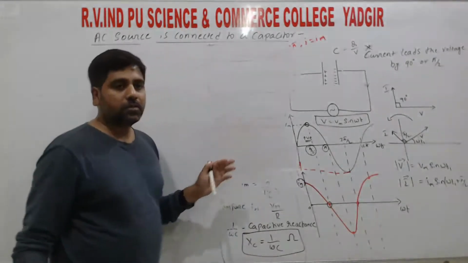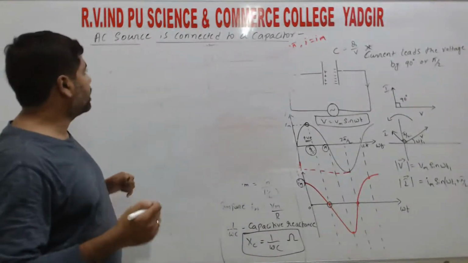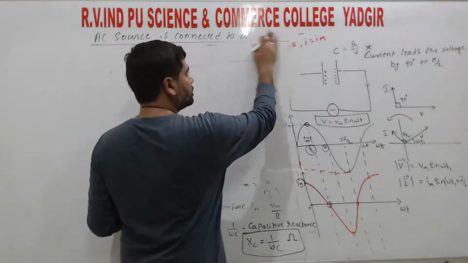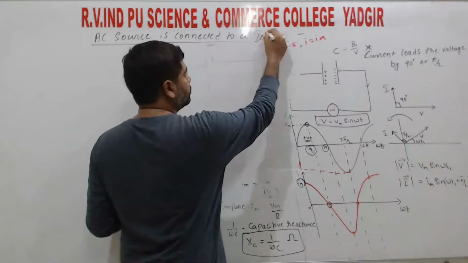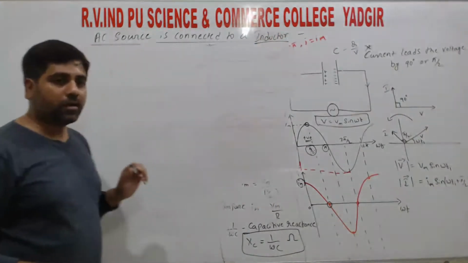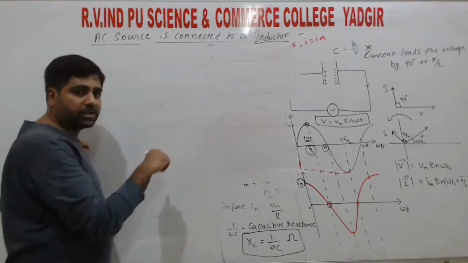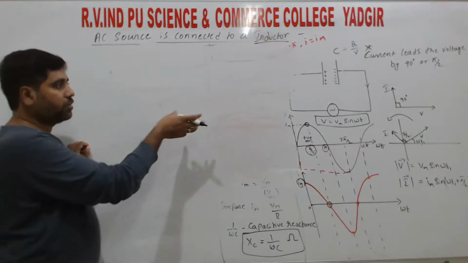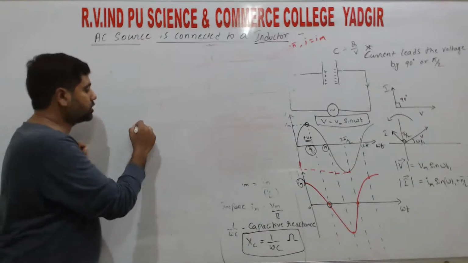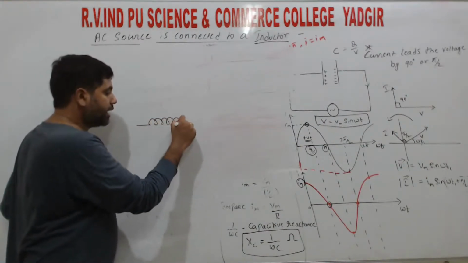So next we will discuss what happens when AC source is connected to an inductor. This we will discuss in our next class. Inductor is nothing but a coil, right? We should have studied that in the previous chapter, but since the chapter was skipped, a small concept is indicated here.